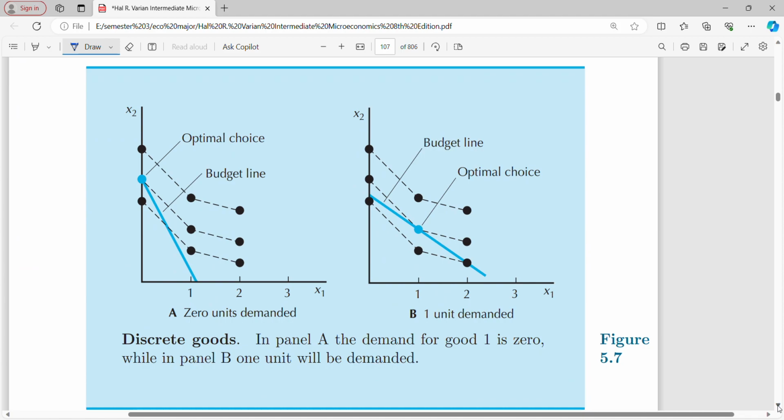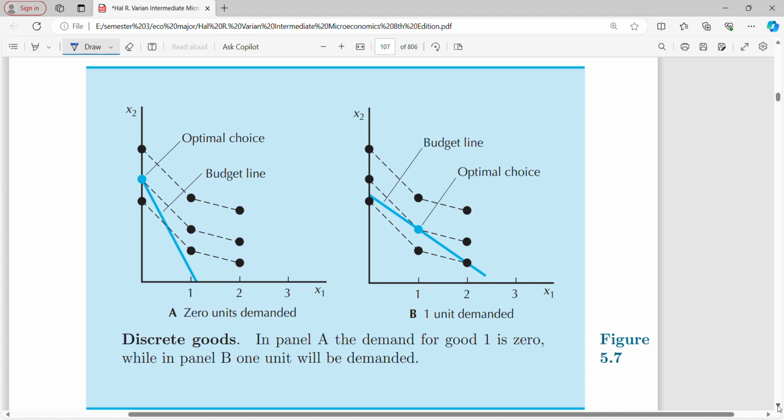Next is discrete goods. Discrete goods come in units: 0 units, 1 unit, 2 units. If the price of good 1 is very high, then the consumer will choose 0 units of consumption. If the price of good 1 decreases, he will find it optimal to consume 1 unit.